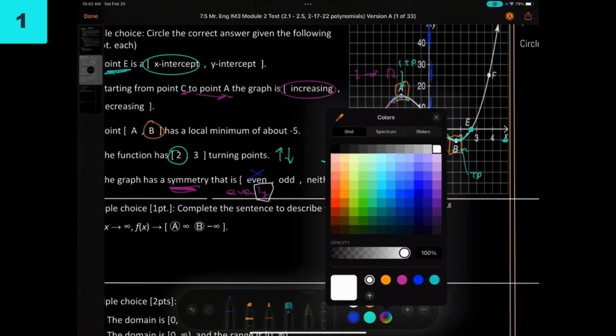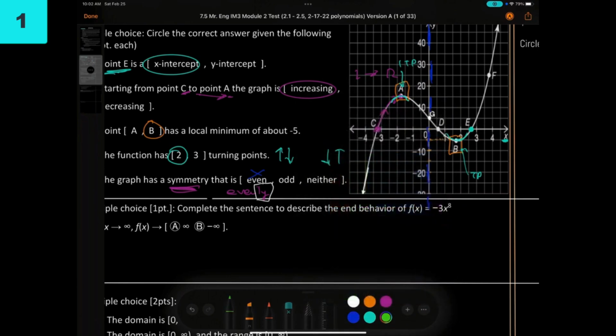Let's take a look at odd. Odd would be symmetrical about a point, the origin. So could I rotate this graph here 180 degrees? So one quadrant is 90, and if I brought it over here, would that be the same graph?